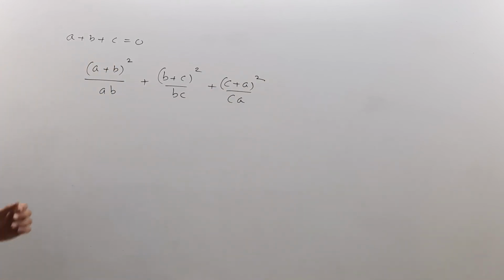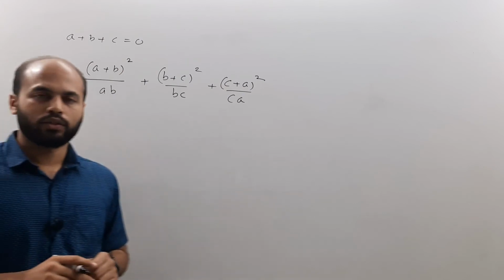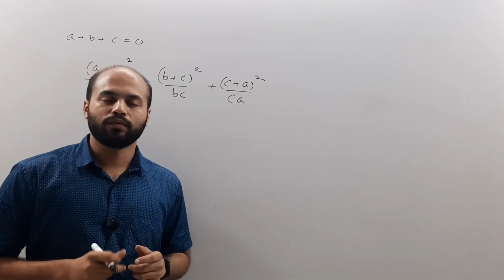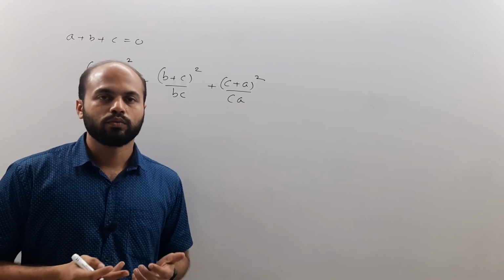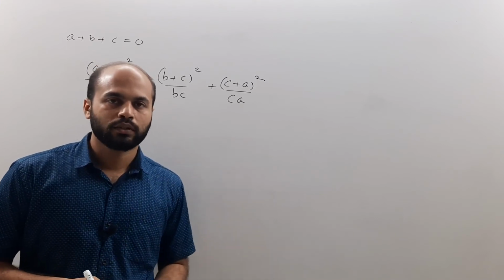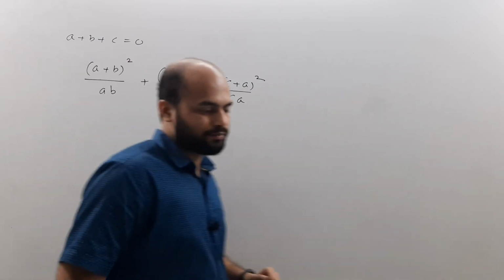So we have to find the value of this expression. Now in this particular question, you are not given the individual values of a, b, c. So you have to try some modification, try and modify the formula and get the answer. Let us see in what way we can do this.